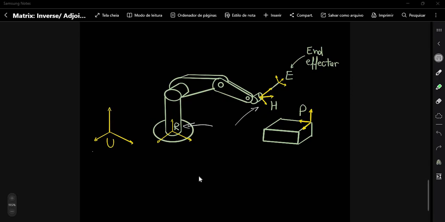At first, we don't have the transformation equation which describes the motion of the robot.